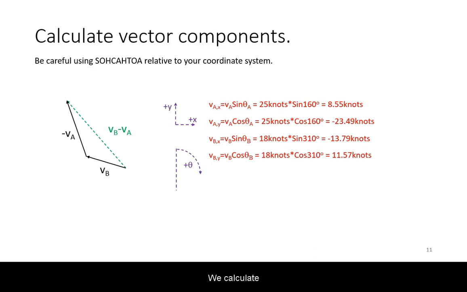We calculate the vector components. Pay careful attention to SOHCAHTOA, as in this coordinate system, the x components are the sine components and the y components are the cosine components.